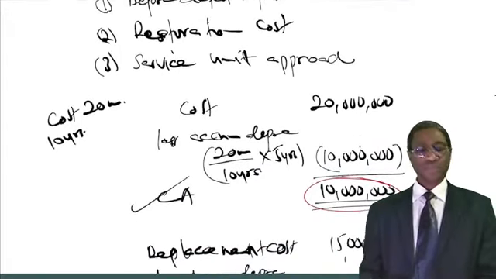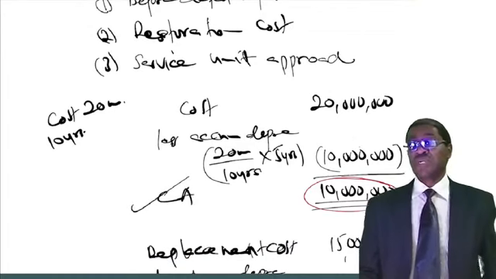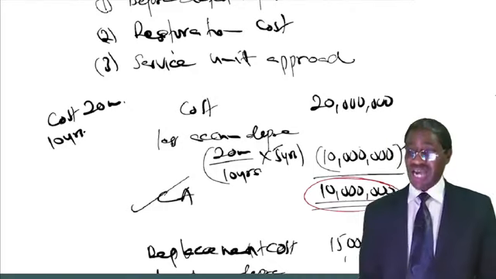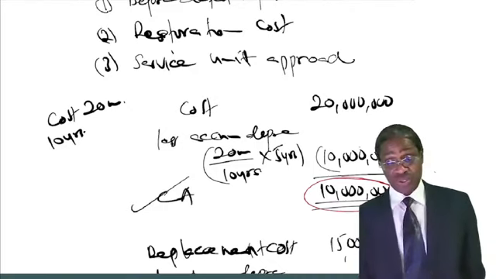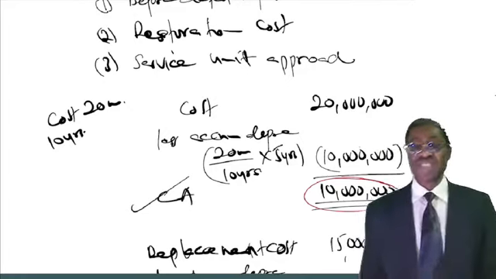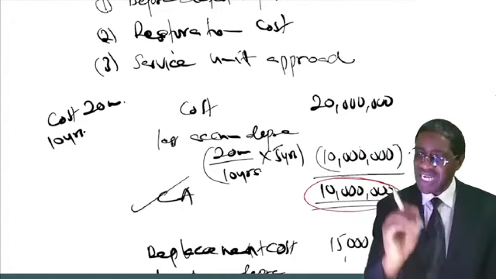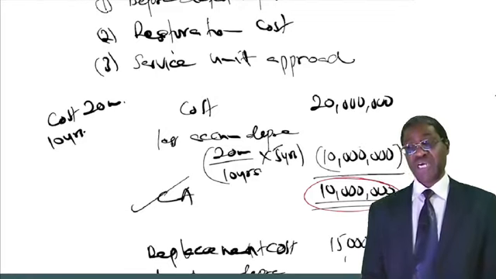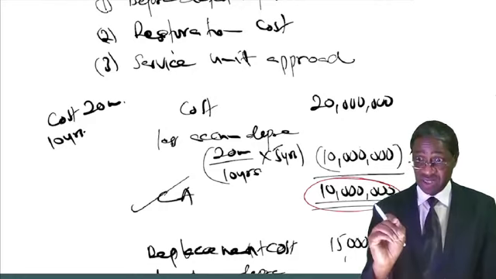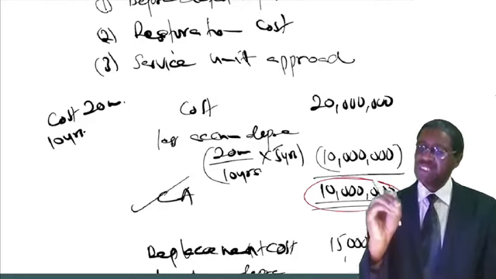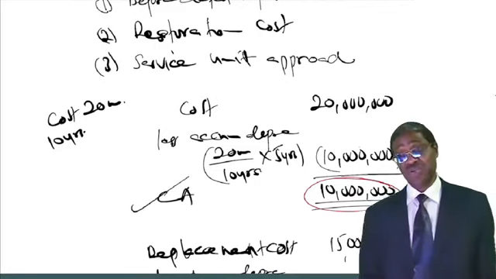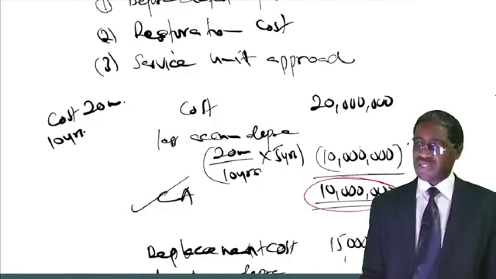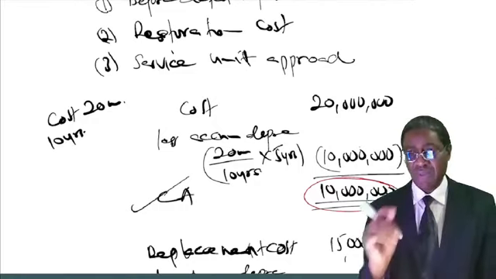Another paragraph. An asset is said to have suffered an impairment loss if the carrying amount of the asset is higher than its recoverable service amount.